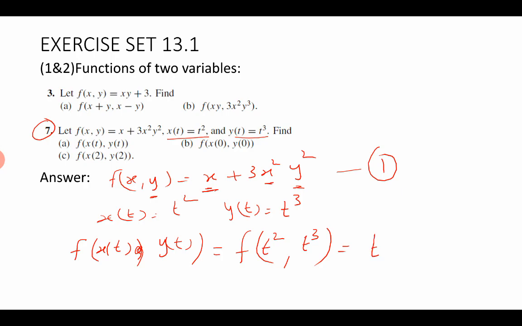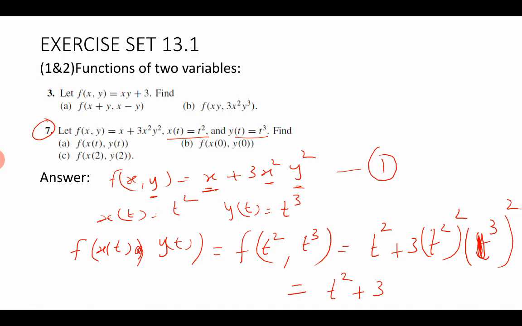So x is t², plus 3 times t² whole squared, and y is t³ whole squared. Simplify it, and you get t² + 3t⁴t⁶. You can write t² + 3t¹⁰. That's the answer for problem A.